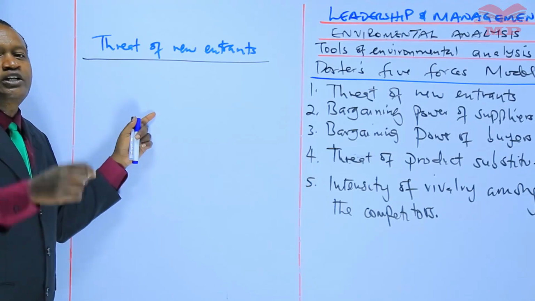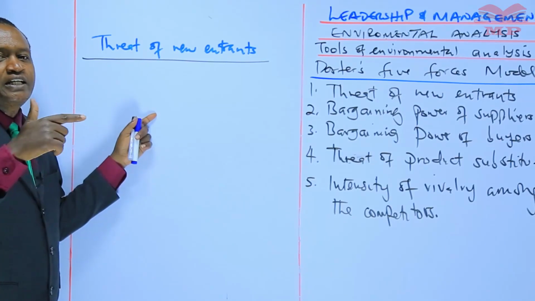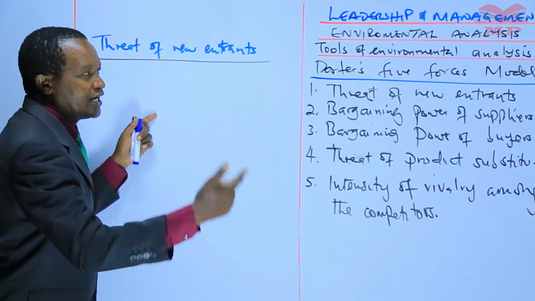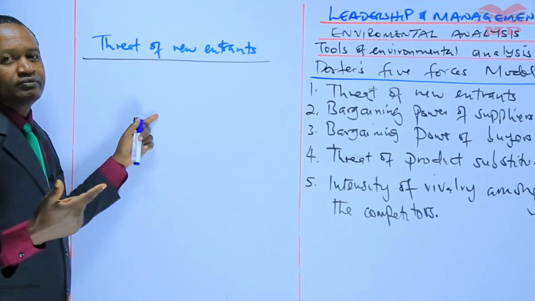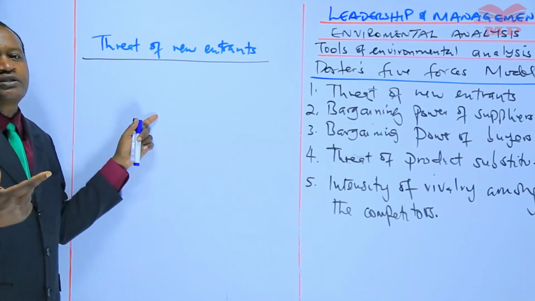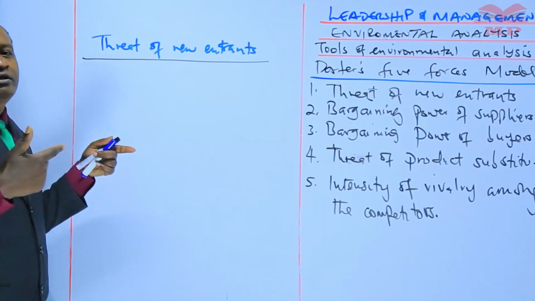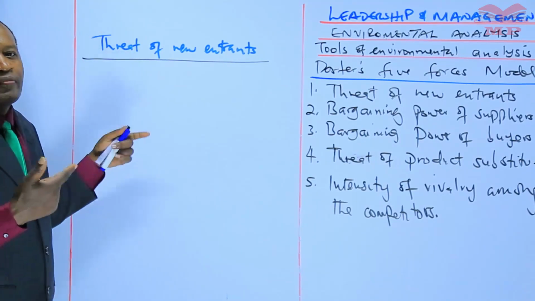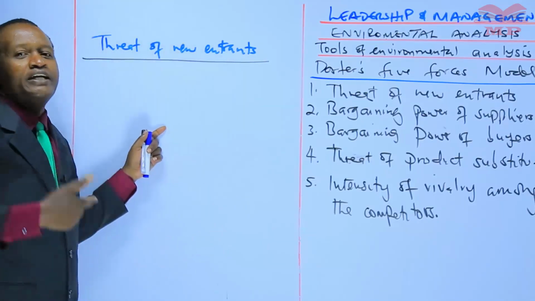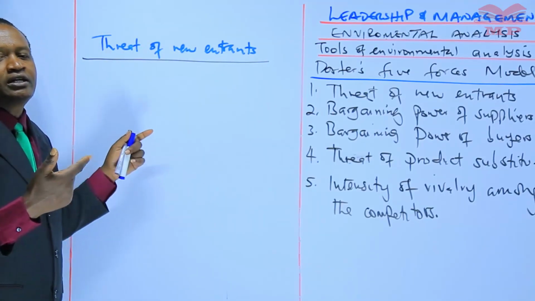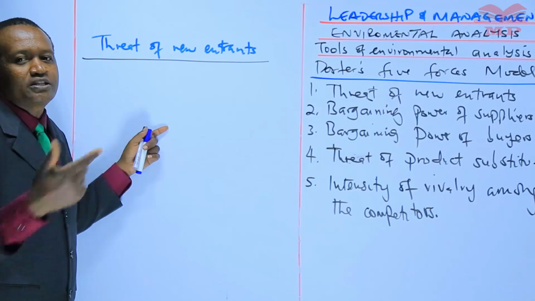And often, new entrants have a keen interest in gaining a large market share. So the threat of entry depends on the presence of entry barriers and the reaction that can be expected from existing competitors.